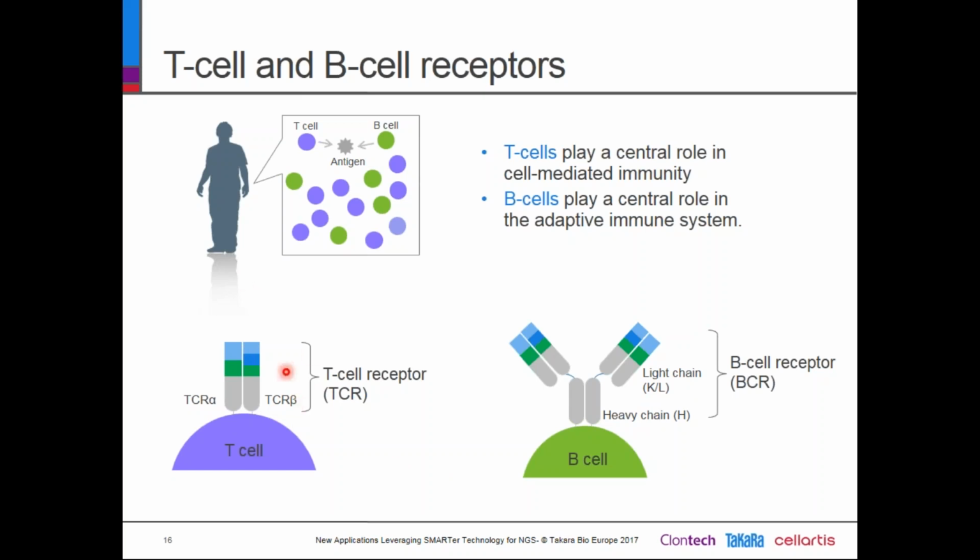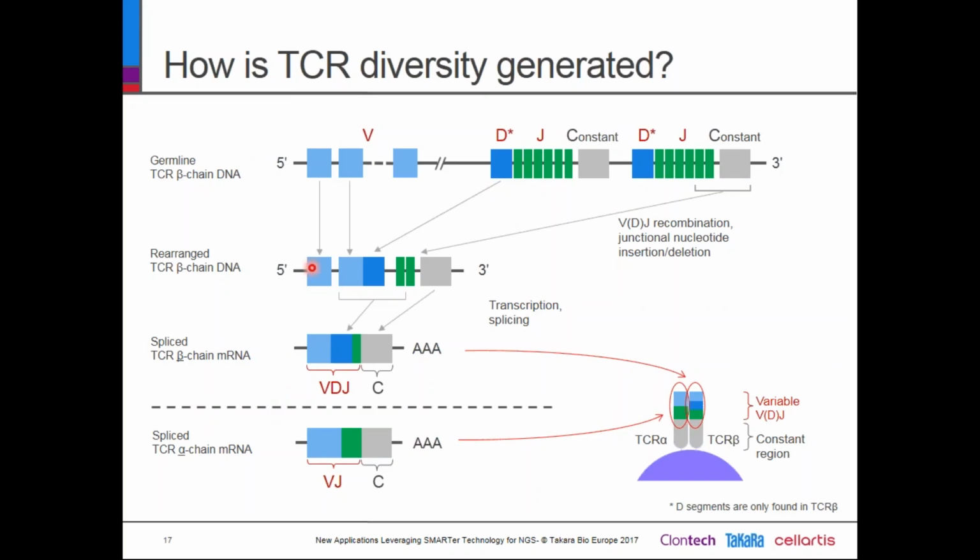Since the role of TCR is to recognize all the diversity of antigens that an organism may encounter, they require high diversity, a lot of different combinations that will allow them to recognize all these antigens. And this is achieved by some complex mechanisms that happen during T cell development. Basically, here I'm showing only TCR beta.